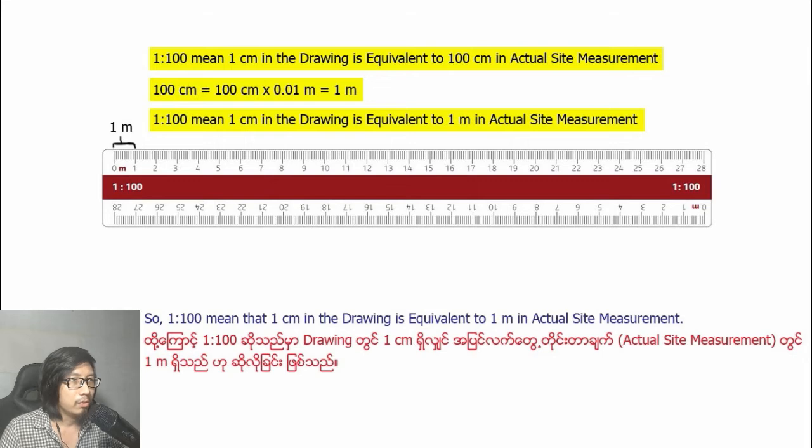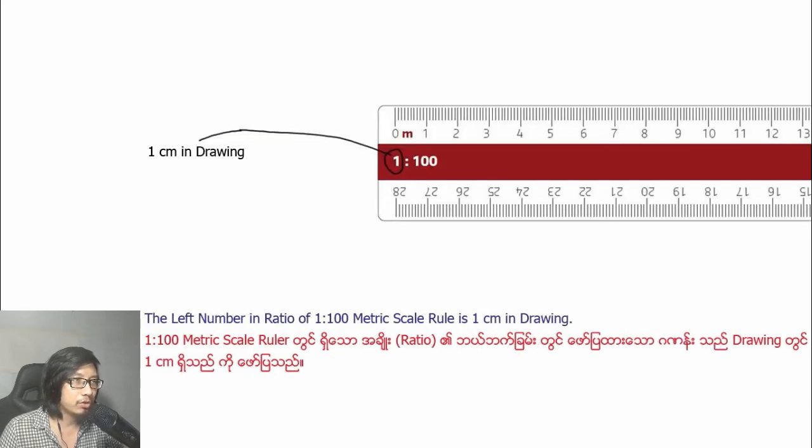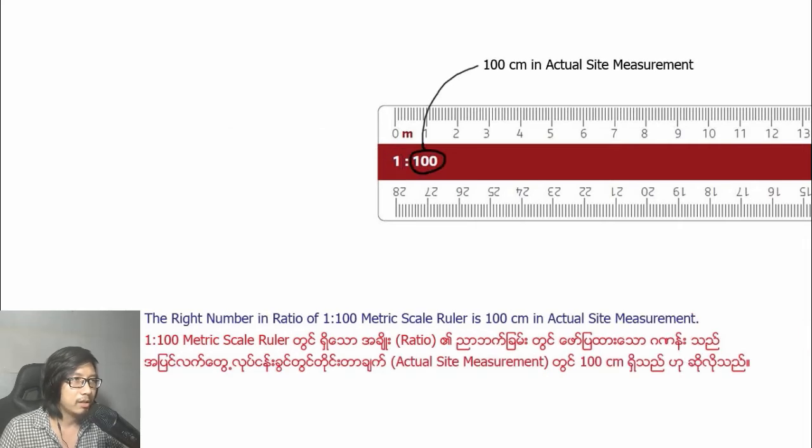So 1 to 100 means that 1 centimeter in the drawing is equivalent to 1 meter in actual site measurement. The left number in the ratio of 1 to 100 is 1 centimeter in the drawing. The right number is 100 centimeter in actual site measurement.